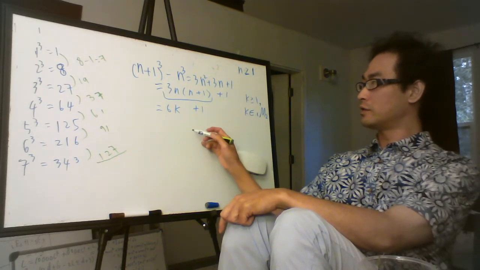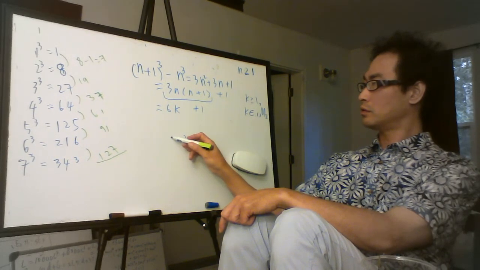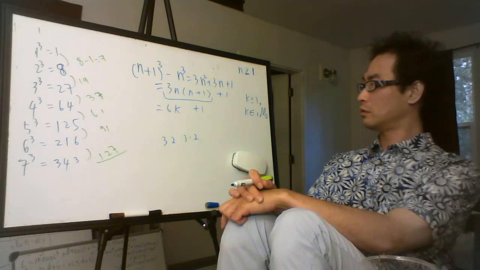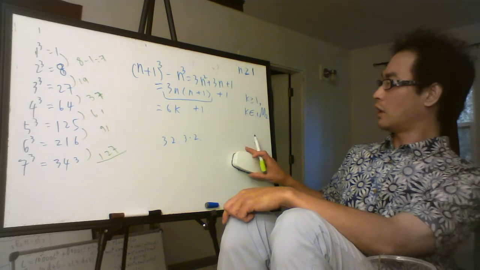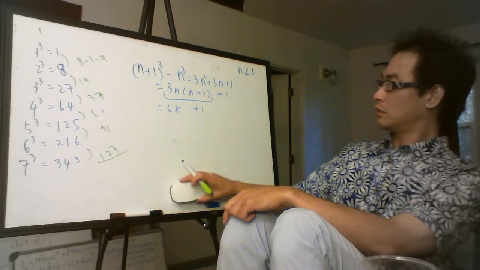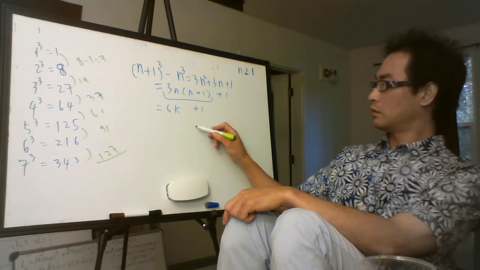What if n is 3? 3 times 2 times 2, 3? Okay, let's see what k can be. Alright, when n is 1, you have 6 times 1.